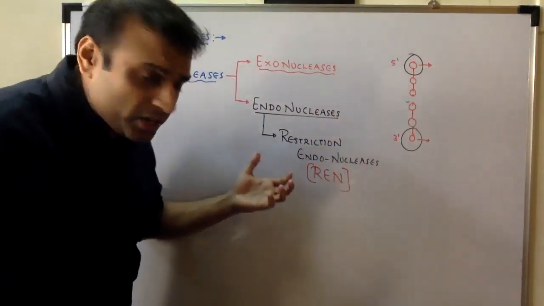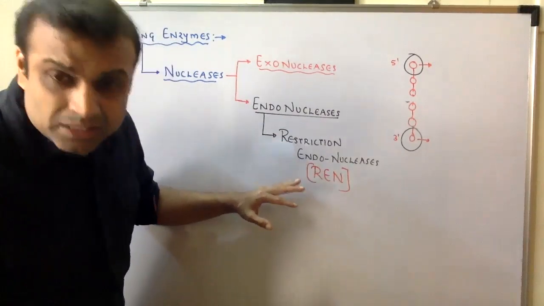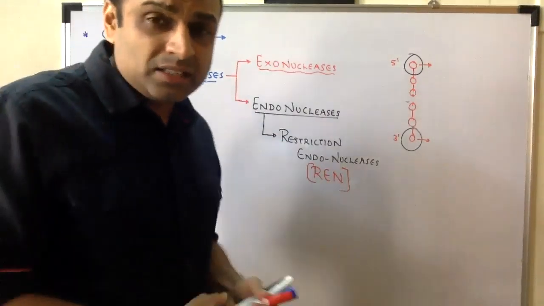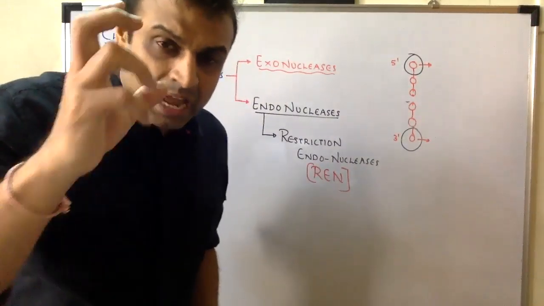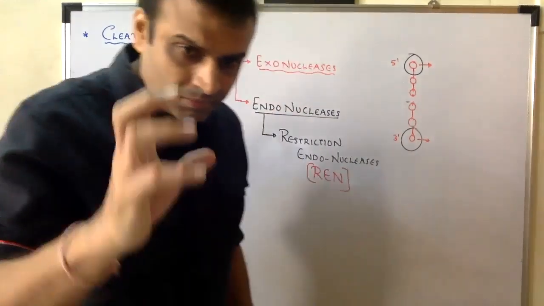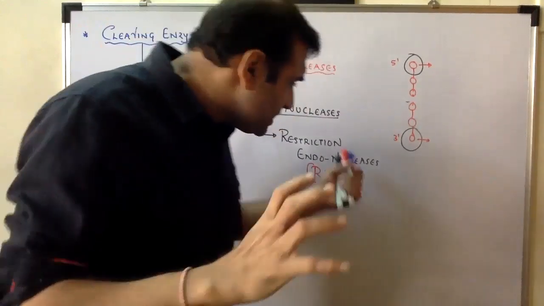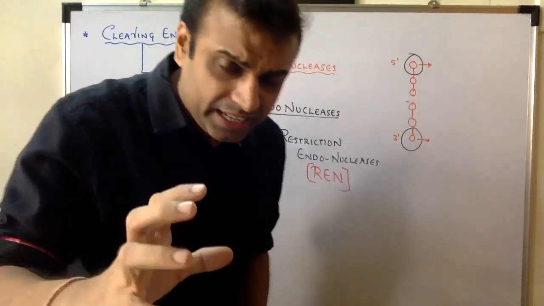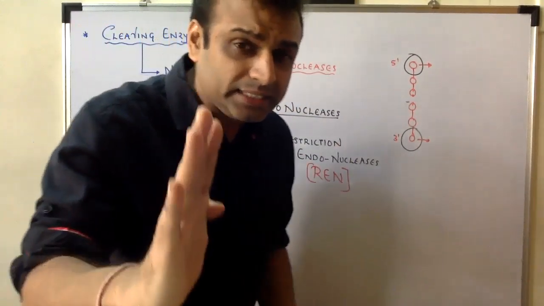We are very much interested in these RENs because these RENs cut the DNA at a specific nucleotide sequence only. I repeat, these enzymes cut the DNA at a specific nucleotide sequence only.